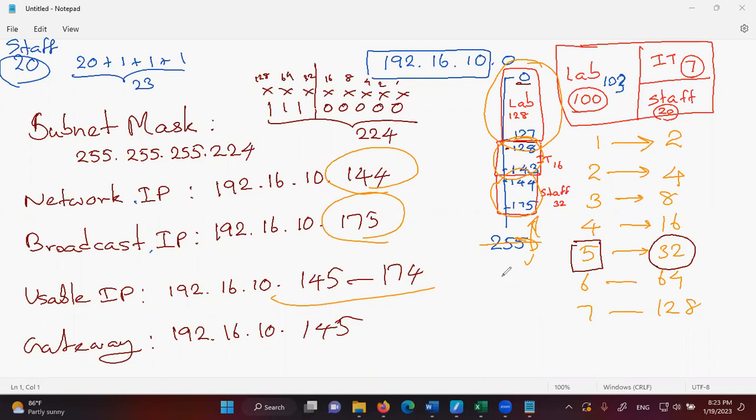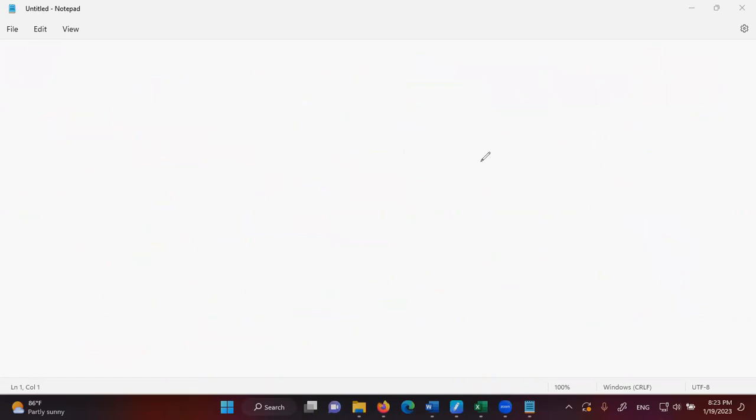I'll discuss another example because you may have a question like this in your question paper as well, right? So assume that we have a network like this.